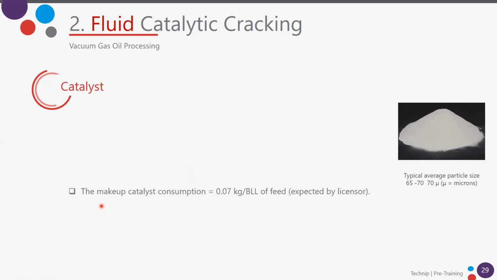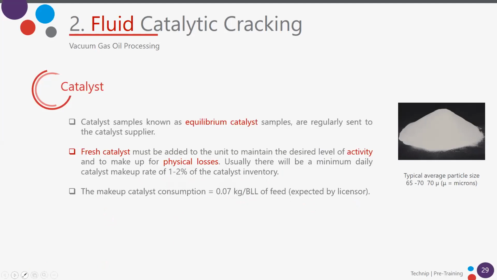Also, another figure is what is expected by the licensor, UOP. It's a makeup catalyst consumption equivalent to 0.07 kilograms of catalyst per barrel of feed. Okay, this is the makeup expected by the licensor.